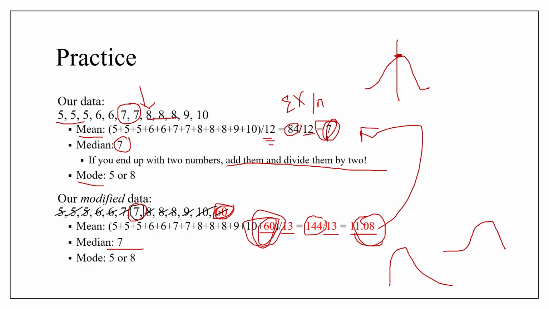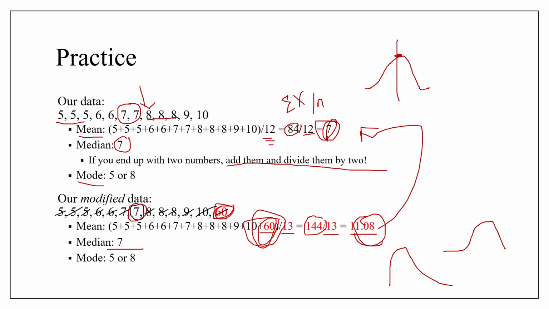So it seems like the mean really is doing a good job here of describing the typical score. But when you look here, and the mean is 11, and then you look at these observations, first of all, we don't have any observations at 11. And then we don't really have any observations that are close to 11. 10 would be the closest to 11, and then 60 is completely on the other side.